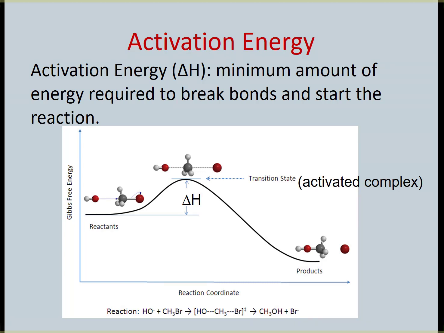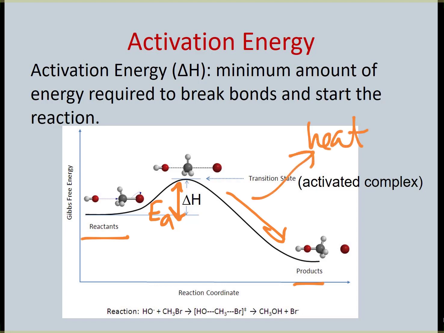This right here is an exothermic reaction. So I see that my reactants are higher energy than my products, and here is that activation energy right here. At the top of that energy hill, this is a transition state or an activated complex. This is where the bonds are broken or reformed, and then you slide down the energy hill, releasing heat or releasing that energy because my products are formed.